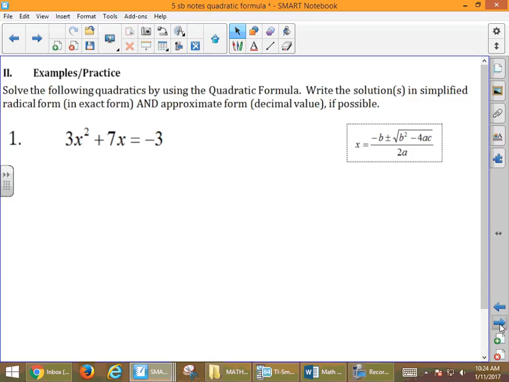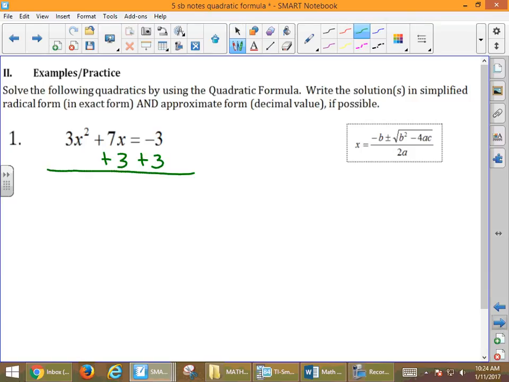As we take a look at the first problem on the back of our paper, we see our equation is not set equal to 0. And by the way, you might want to start a little bit left on your paper if you can, just to have enough space. But when we look at this here, we can start by adding 3 to both sides. The reason that we added 3 to both sides is so that we have our equation set equal to 0.